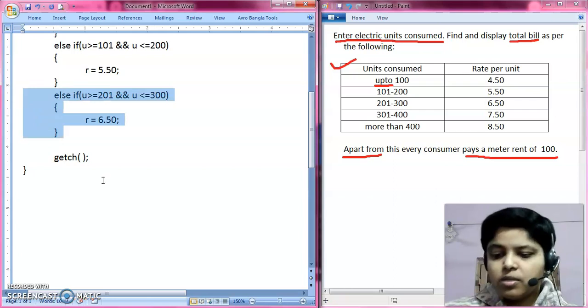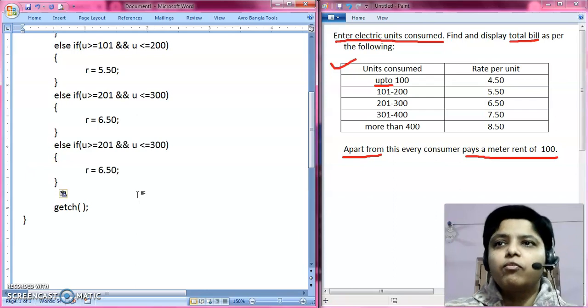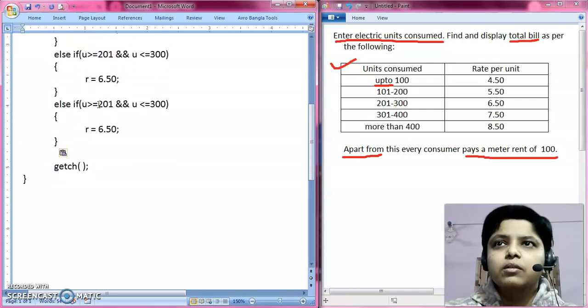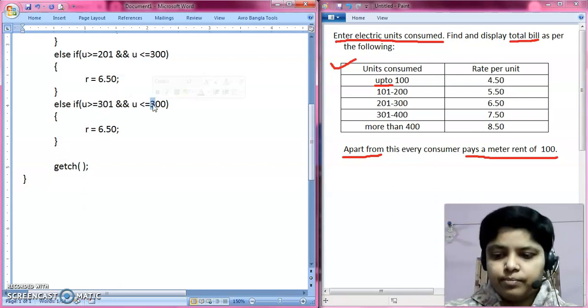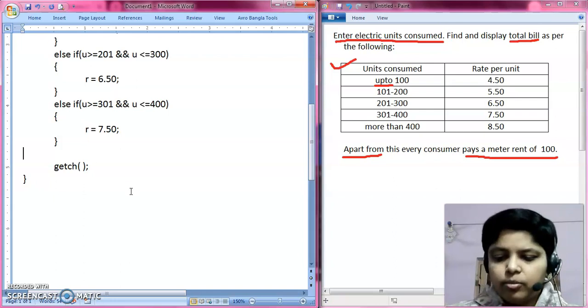I am copy pasting only because this is the same for each and every condition, so I am not going to waste more time. And this is 7.50. As you can see, when you are giving a range, I am using the AND operator, and all the things are the same. I am only storing the rate per unit value in the R variable.